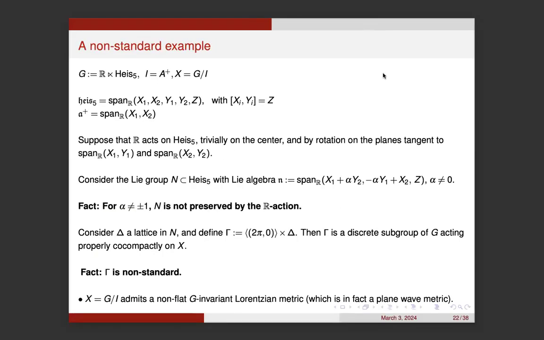I'm going to give now the non-standard example. In fact, this example fits into the examples I study. So this example is a plane wave.